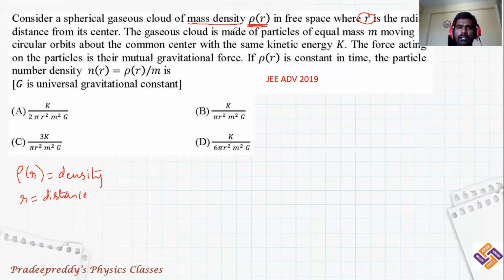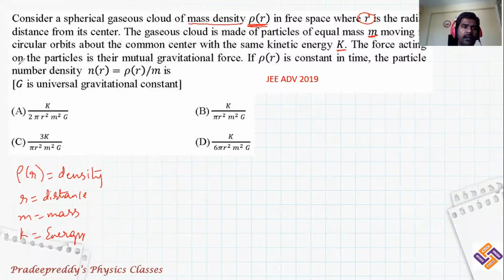The gaseous cloud is made of particles of equal mass m, where m is equal to mass, moving in circular orbits about the common center with the same kinetic energy K. K is equal to energy. Remember, kinetic energy or potential energy or any form of energy will have the same units of energy.